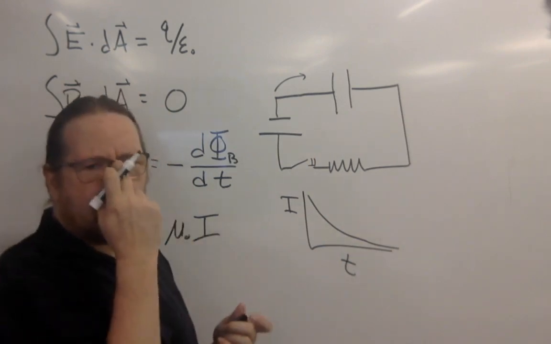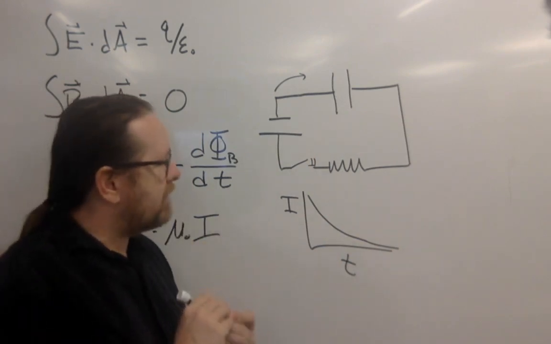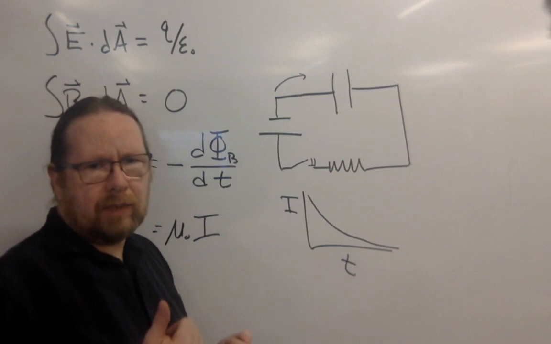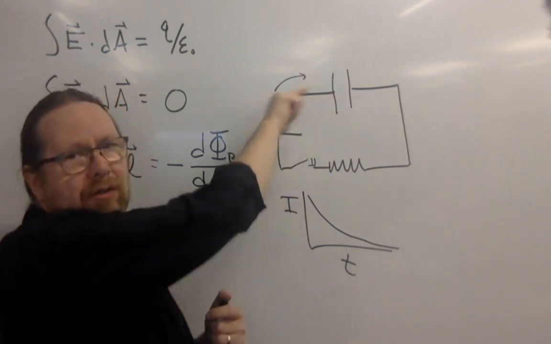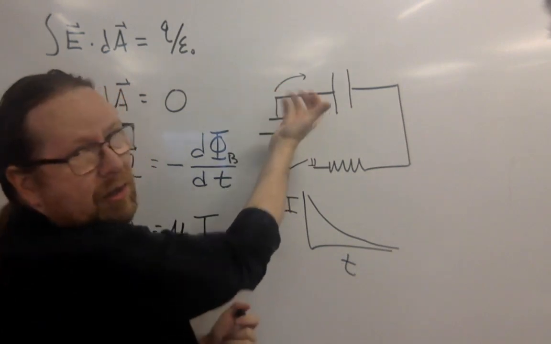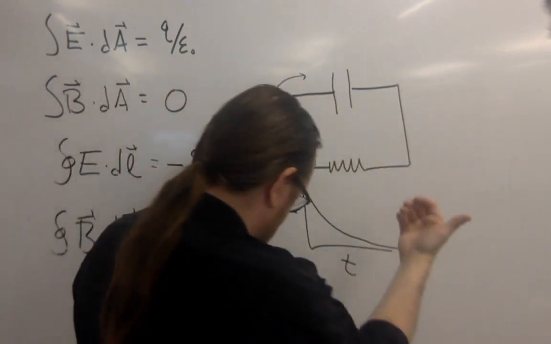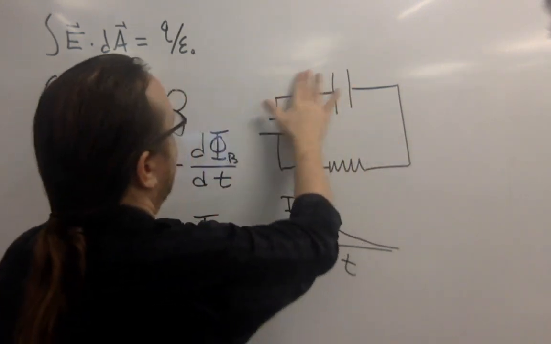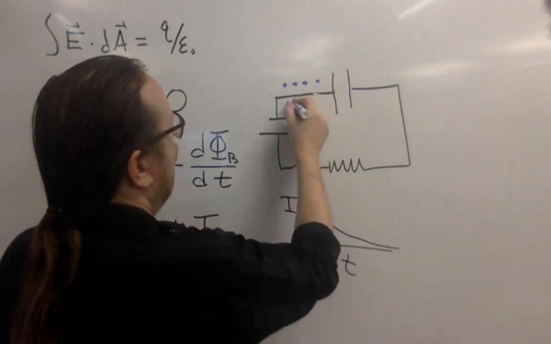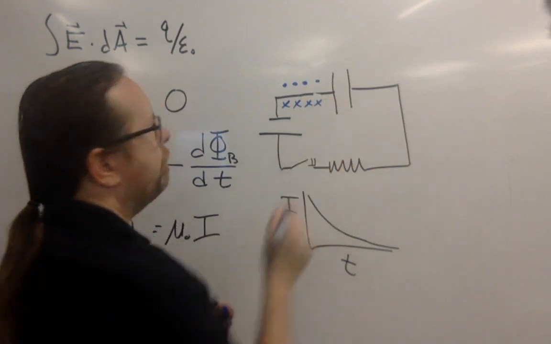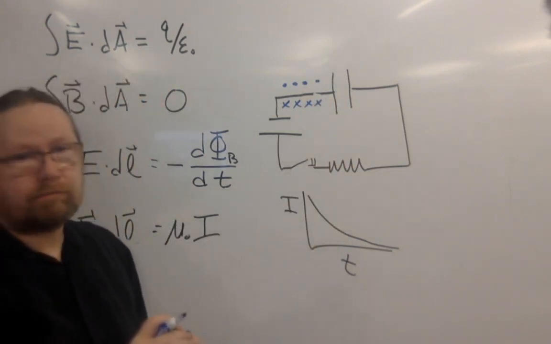While current is flowing through this loop, let's ask ourselves, what would the magnetic field be in the various parts of the circuit? Well, if the electricity is flowing this way through the circuit, there'll be a magnetic field due to the right-hand rule that will be coming out of the board here and into the board there, because there's a current flowing.